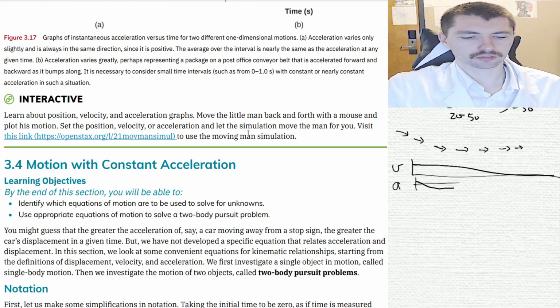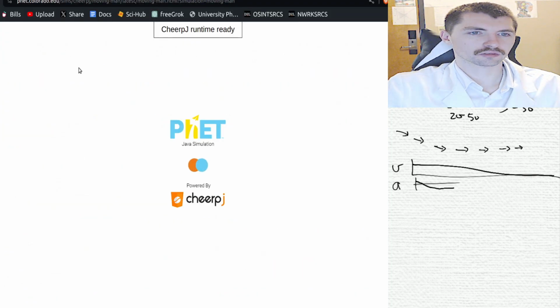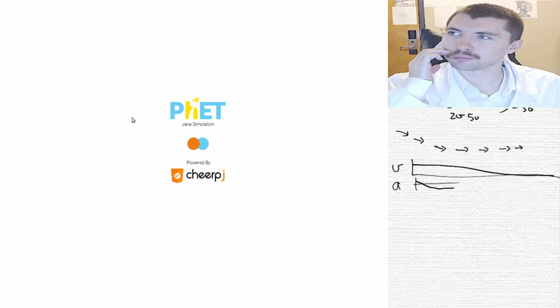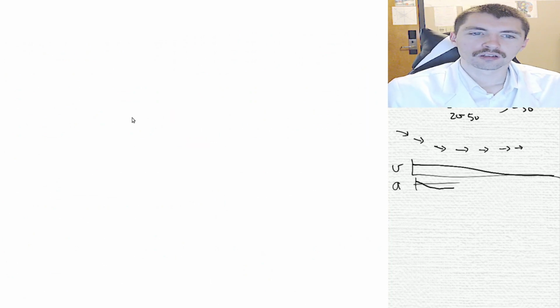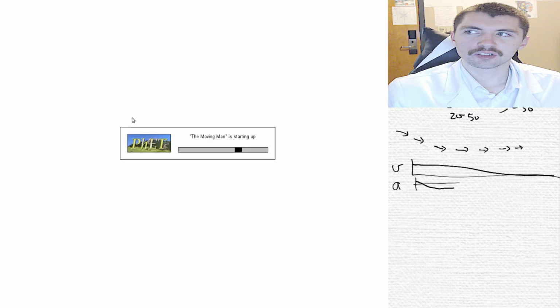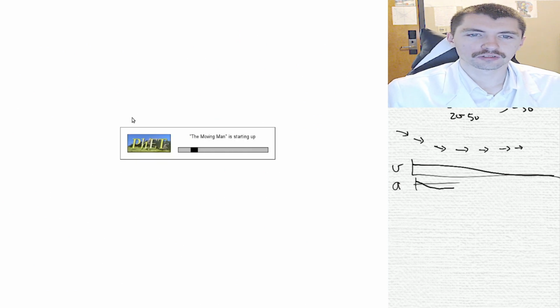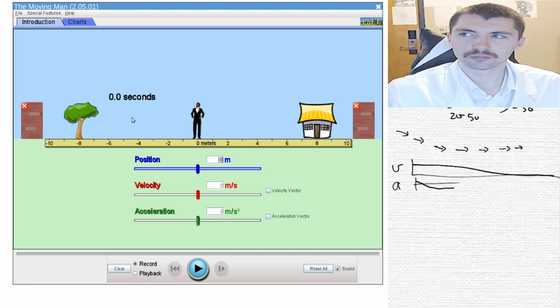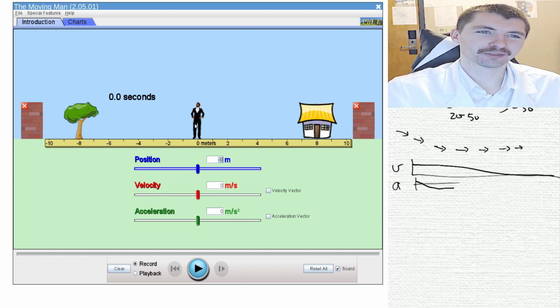All right, let's do it. Graph system is initializing. The moving man is starting up. Man, this looks like something from the 2000s.